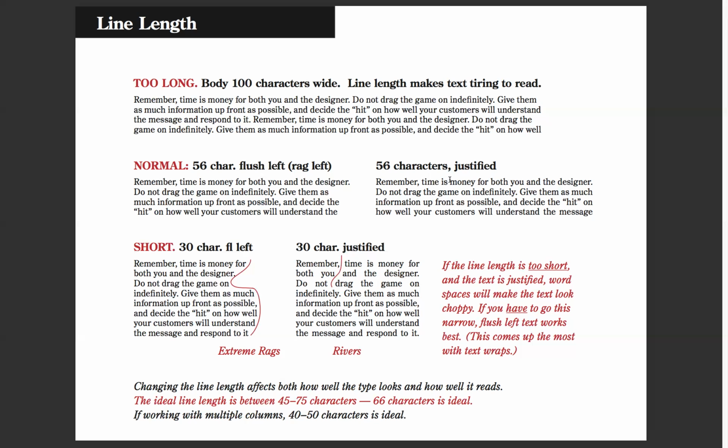So that's a problem. But as a designer, if we set this type flush left and then keep the same amount of space between all the words, what'll happen on this side is that we'll get what's an extreme rag. This is called the rag, and it'll start really curving back and forth because of the size of the words that you're dealing with.